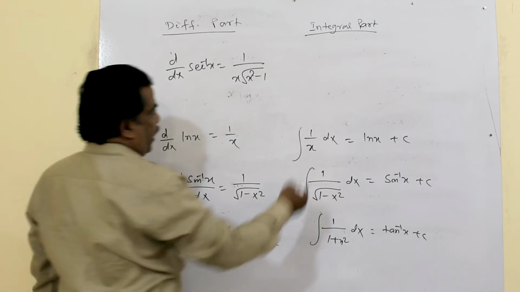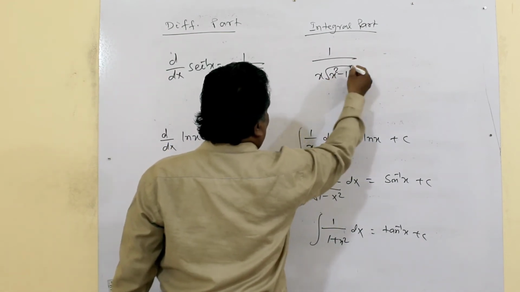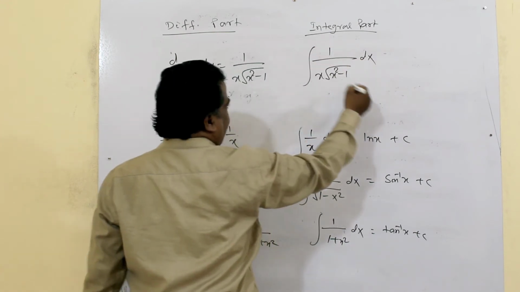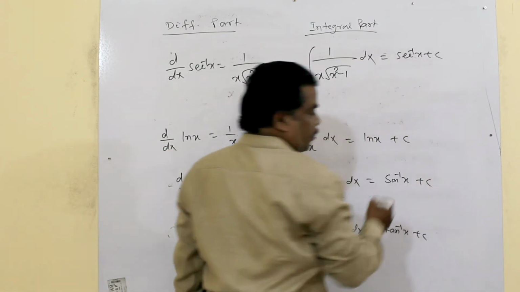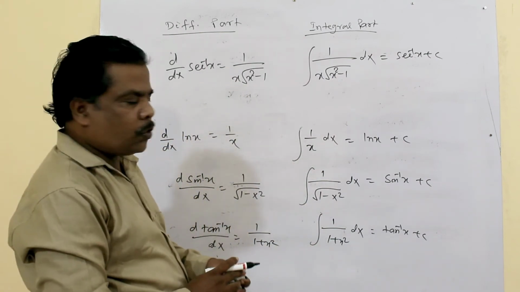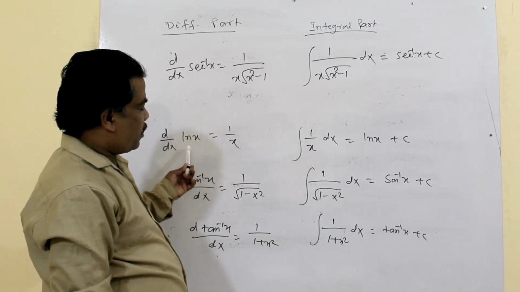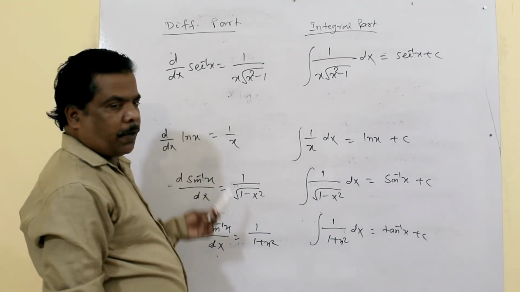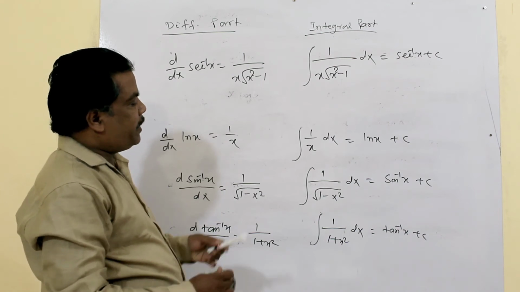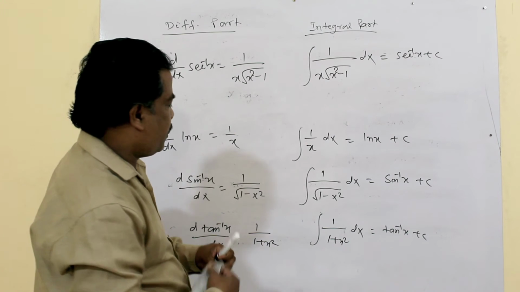Hence the integral of 1 by x root over x square minus 1 dx is sec inverse x plus c. So for these exponential, inverse and trigonometric functions, we know the derivatives, hence we easily find the formula for the integral of these functions.